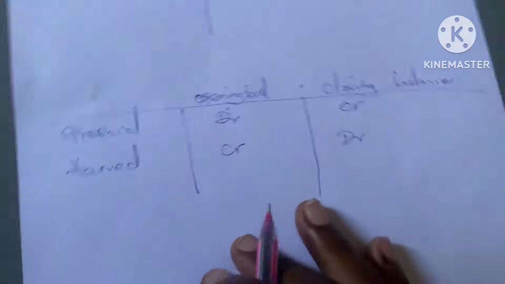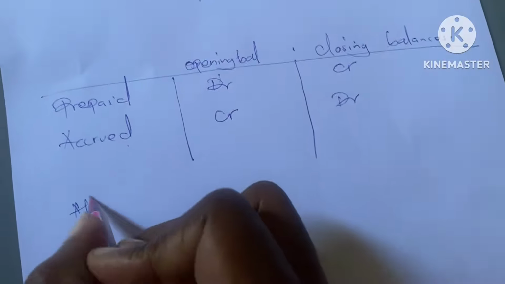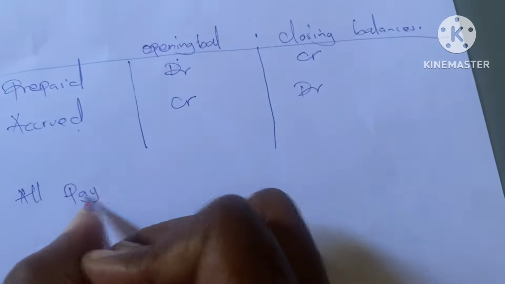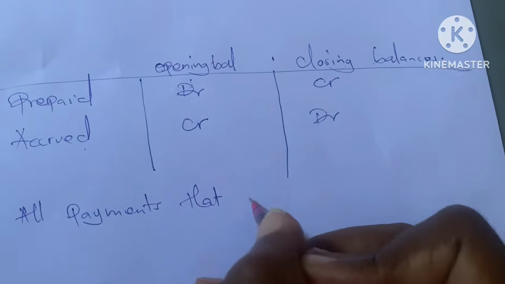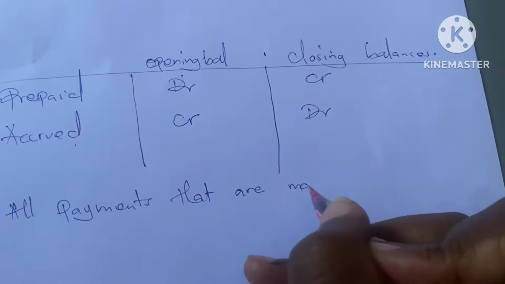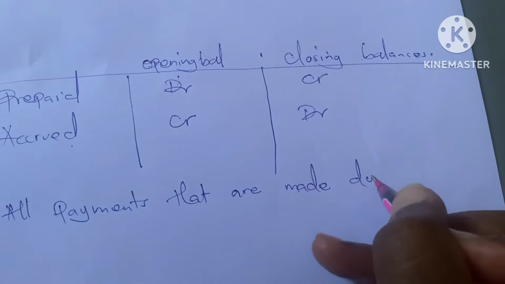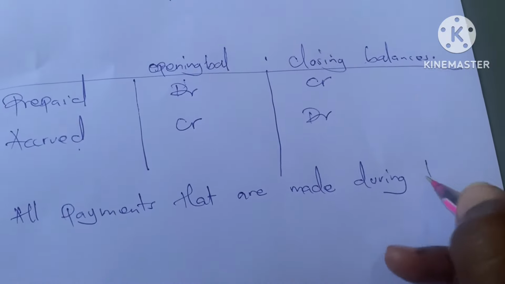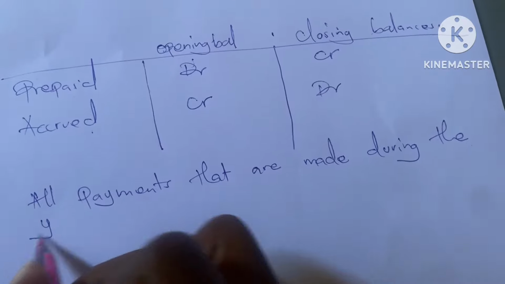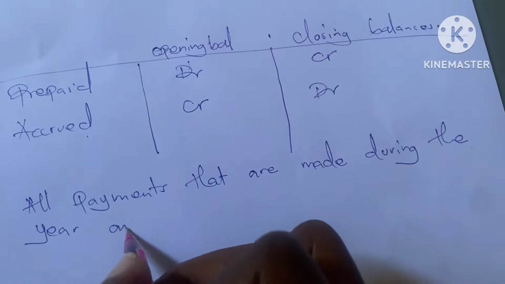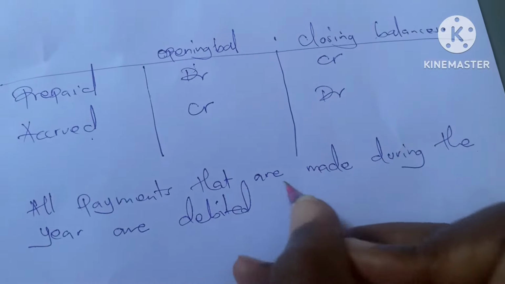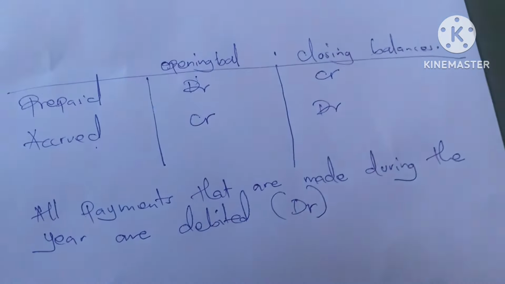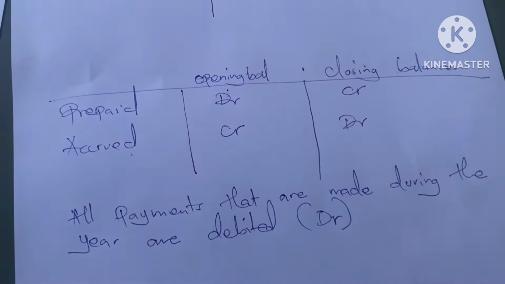That's how it is. Then all payments that are made during the year are debited. You debit all the payments that are made during the year.